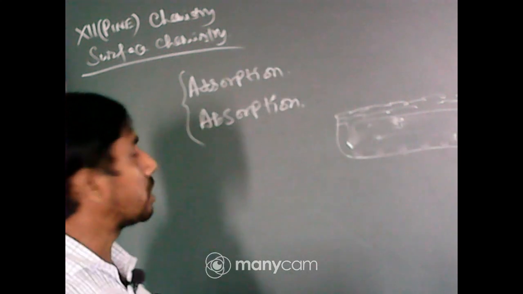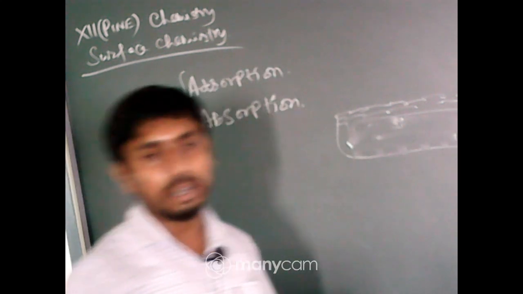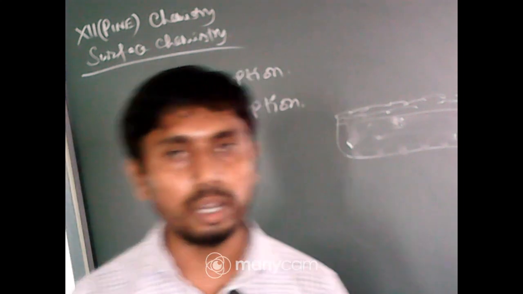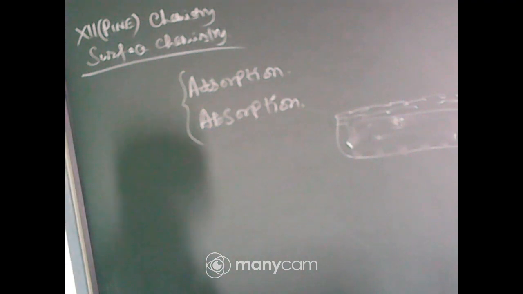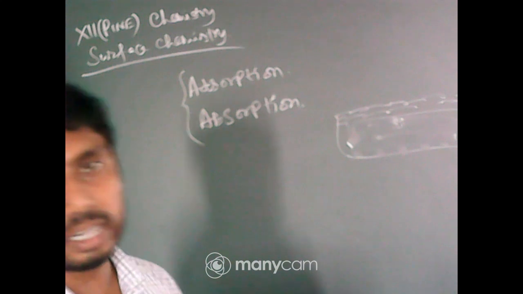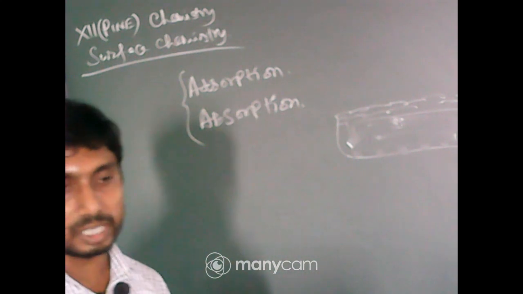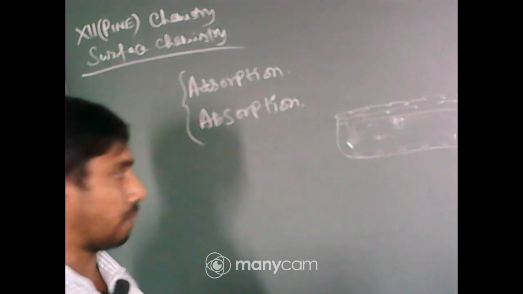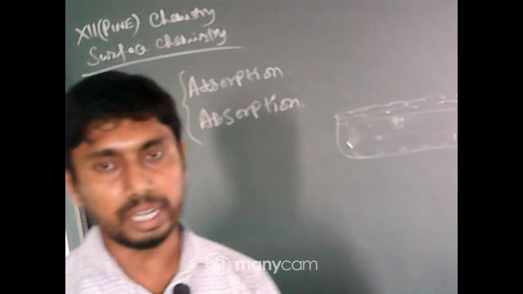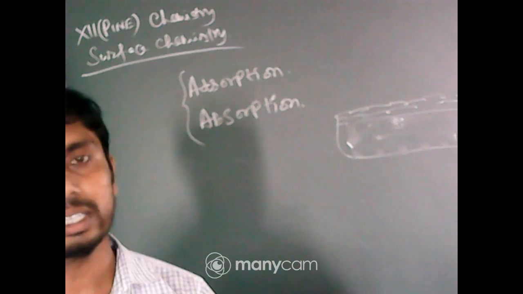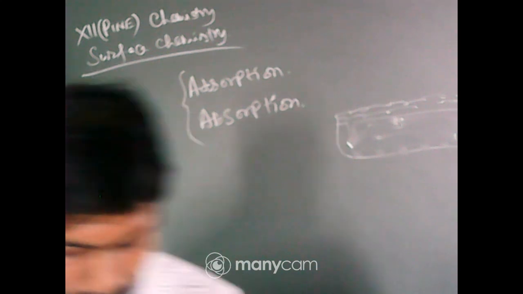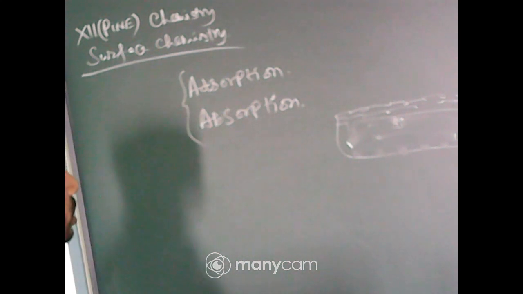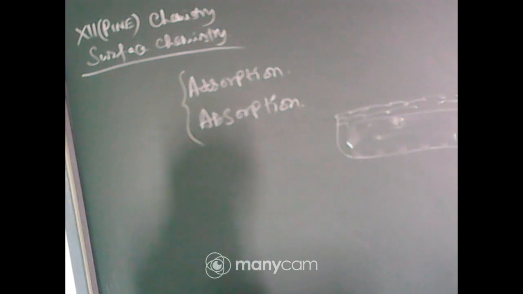There are definite examples. Remember again finely divided: when we increase the surface, we open the bonds, so there is a probability of bond formation with other species. So the phenomenon of higher concentration of any species on the surface is called adsorption.